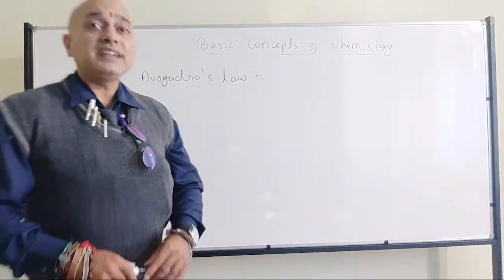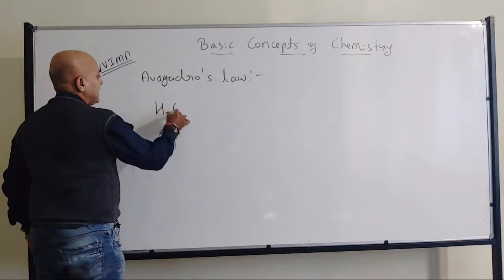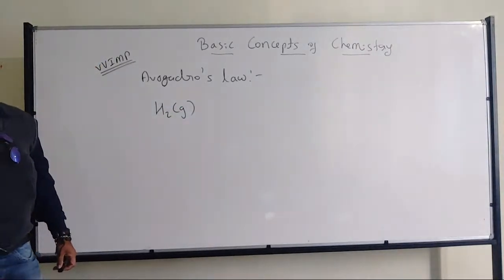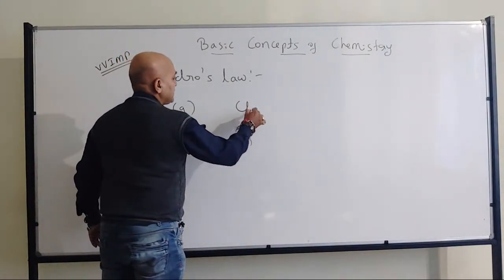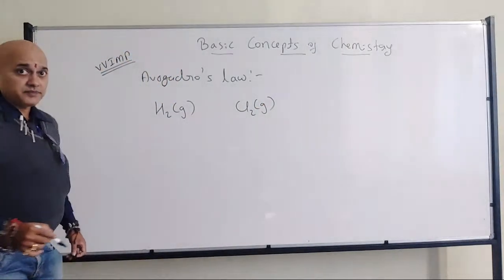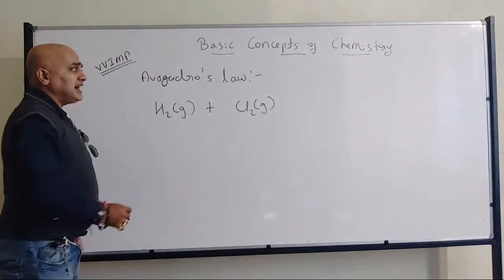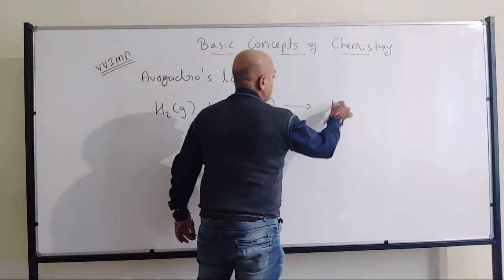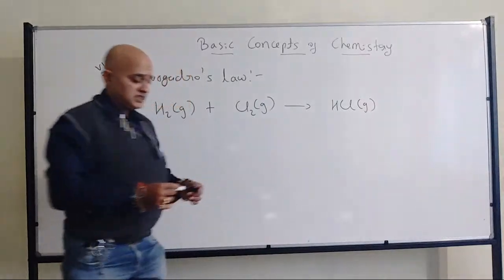Now it tells that if I have hydrogen gas, and if I have chlorine gas, if you observe it carefully, if I consider this one as a reaction, then I have hydrogen gas, chlorine gas, which will get converted into hydrochloric acid, which will be also gaseous in state.